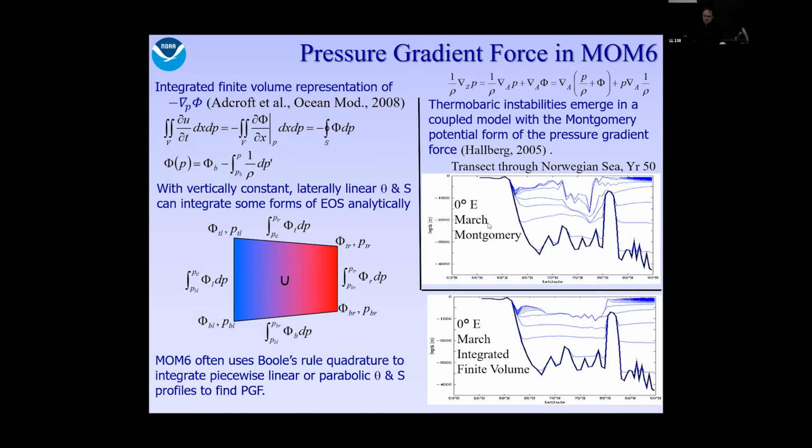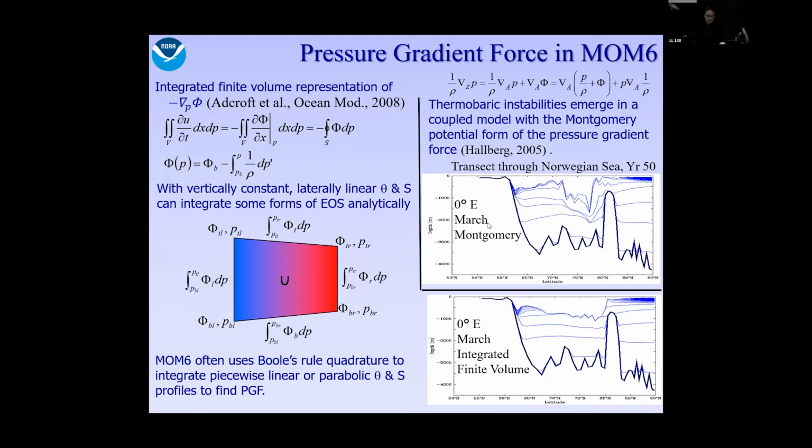For some equations of state, you can do this analytically. For others, you can use Boole's rule quadrature. In other words, subsample at 25 points, and the answers are the same to round off. And this works remarkably well. It's one of the things we've been quite happy about. And this is the analytic finite volume pressure gradient in MOM6.